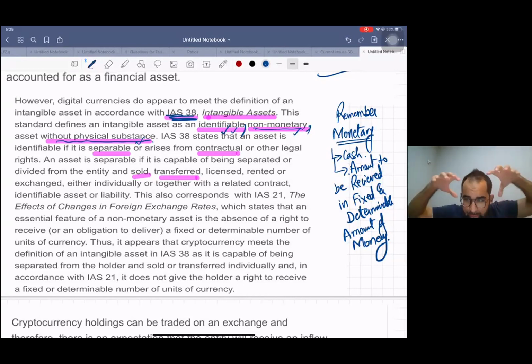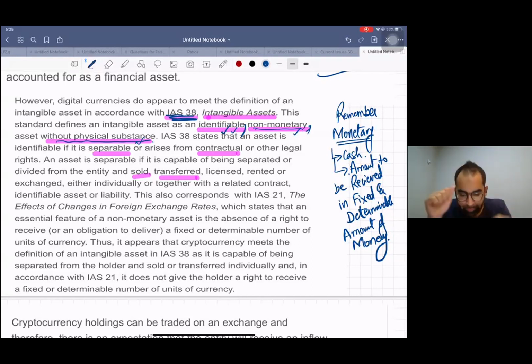So till now in this world, cryptocurrencies are accounted for, for a normal man. I'm not talking about the dealer, I'm talking about the normal investor. For a normal investor or normal company, cryptocurrencies are accounted for under IAS 38.